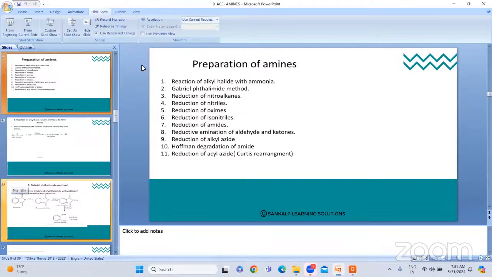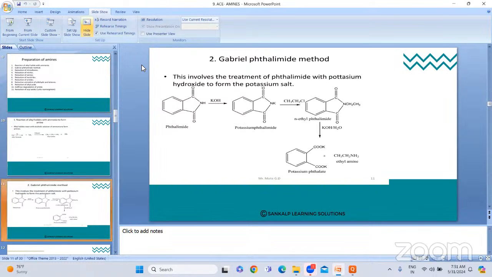So, can anybody tell me what is Gabriel phthalimide synthesis?